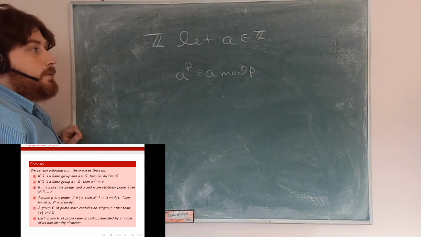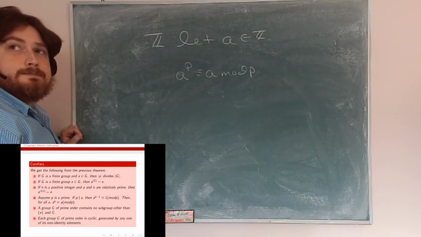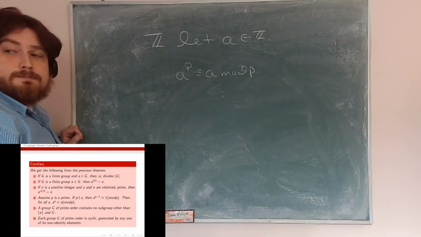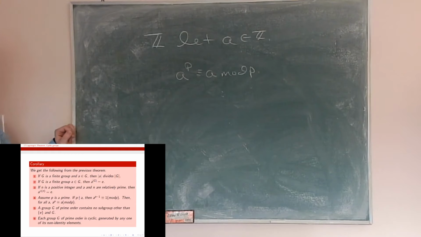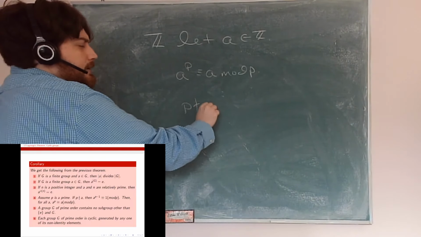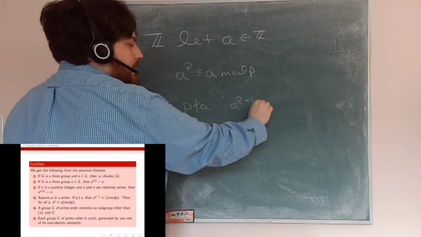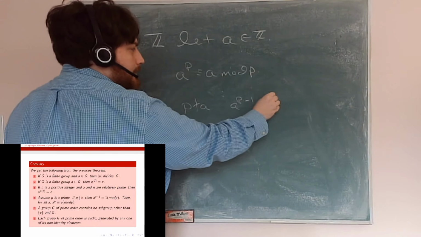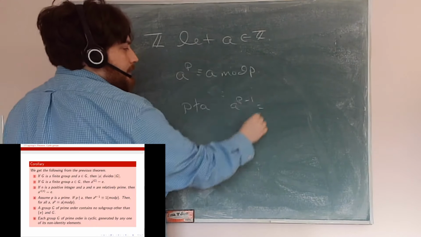Are you guys following what we're trying to do at least so far? So now we want to show this in general, but if P does not divide A, then we want to show in particular that A to the P minus 1 is equal to the identity element.